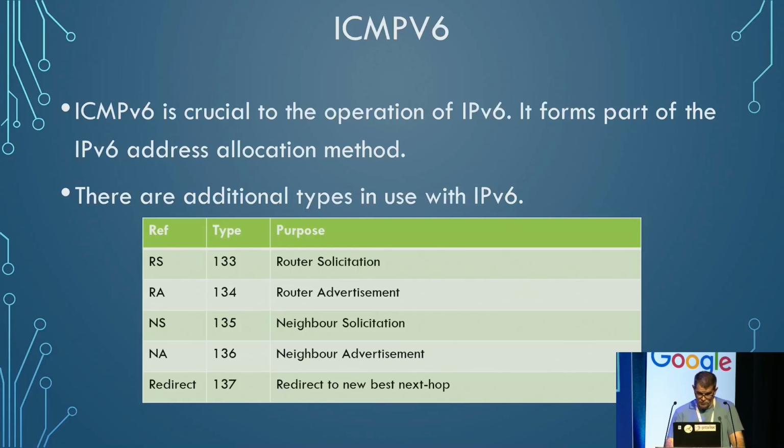I don't know if anyone's ever looked into ICMP for IPv6 on Wireshark. You would have seen existing types like type 1 and type 0 already in there. 133 is router solicitation, or RS. 134 is router advertisement, or RA. You've got neighbour solicitation at 135, neighbour advertisement at 136, and 137 redirects to a new best next hop.